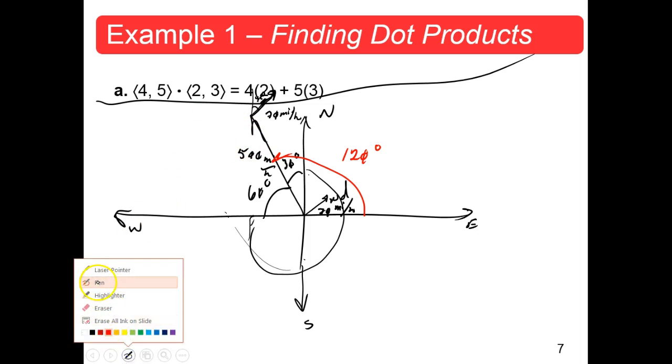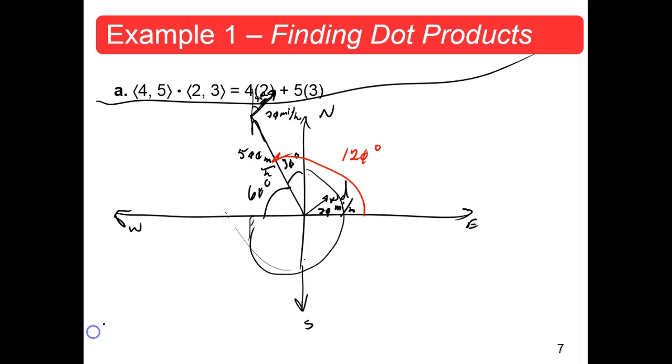So the x component, and I just find it easier to name these things. Let's call this the airplane vector, A. Okay, and this will be the wind vector, W. Is that okay? Or P vector for plane, or whatever you want to call it.